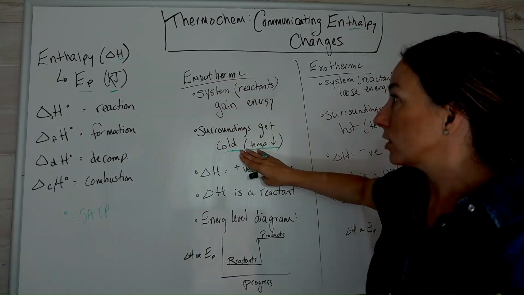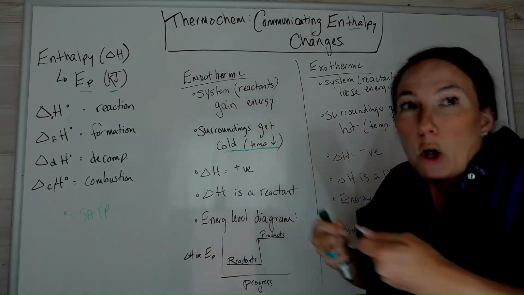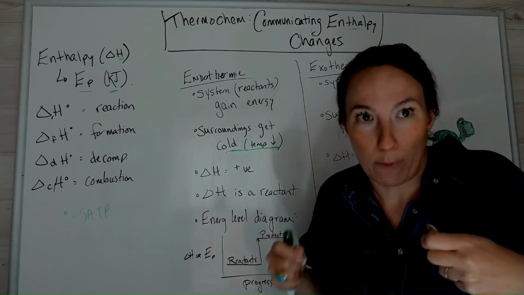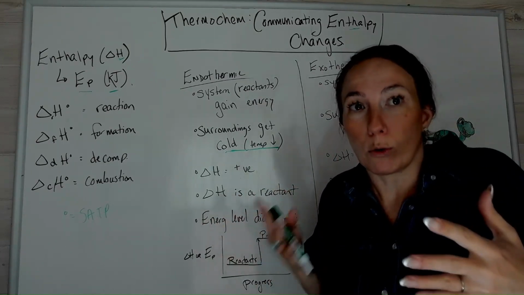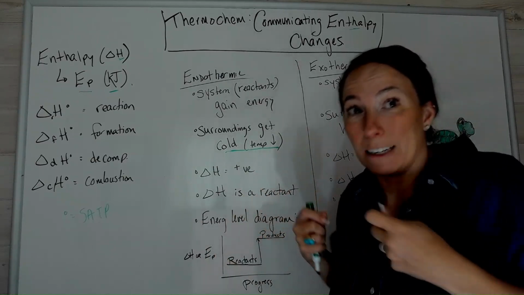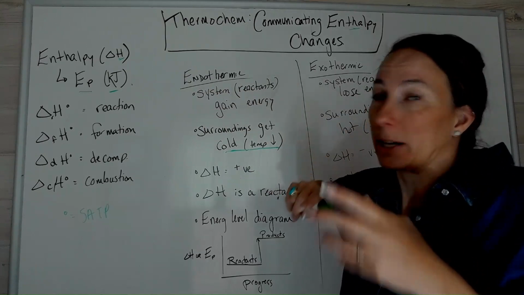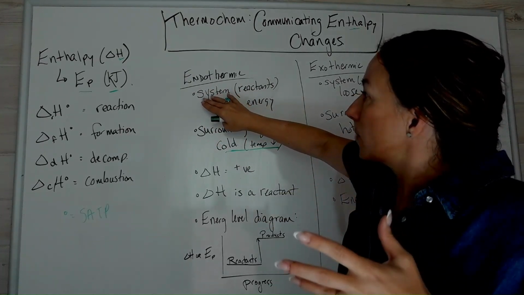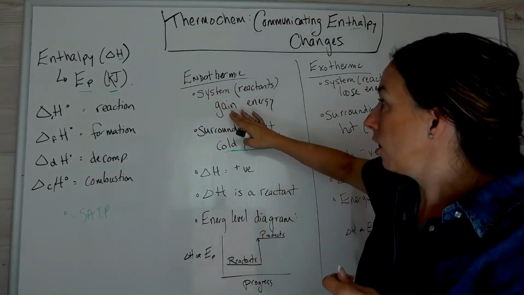That reaction gets cold because what the system is doing, those reactants, they are pulling in energy into their breaking and forming of bonds. Overall, the breaking and the forming ends up being energy in. We're going to talk more about that part, breaking, forming, etc., later, so hold on to that thought. But the reaction is gaining energy overall.